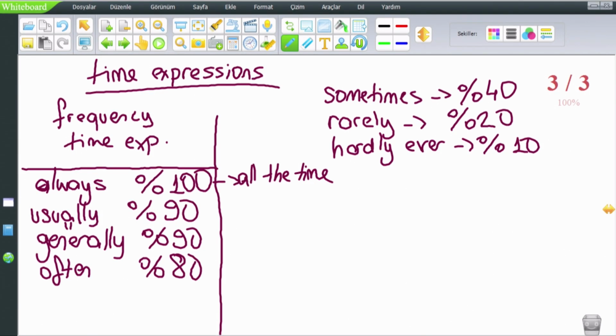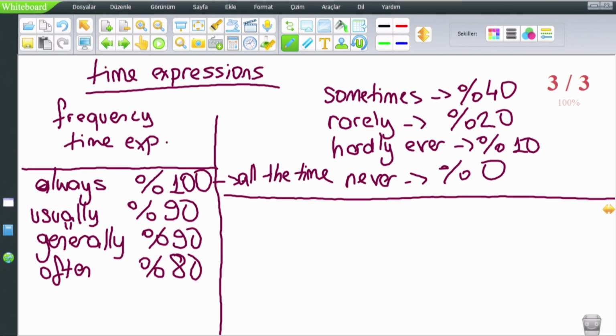It's not an action that happens generally. And we have never, 0%. So these represent at what frequency we do those actions.